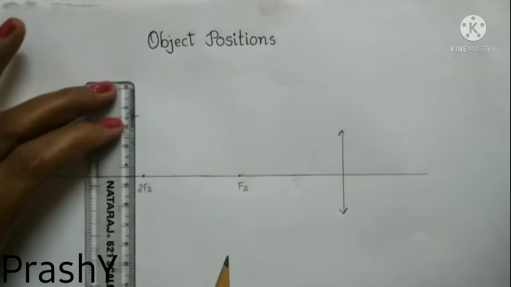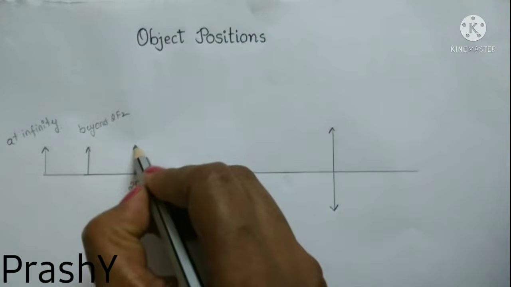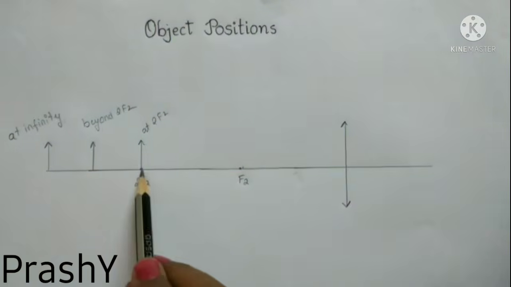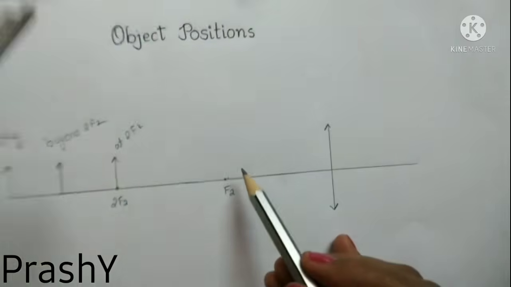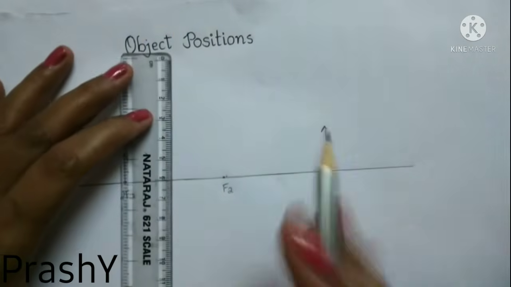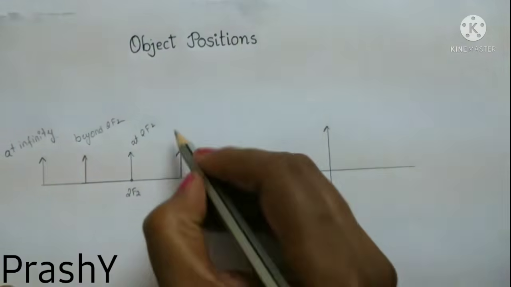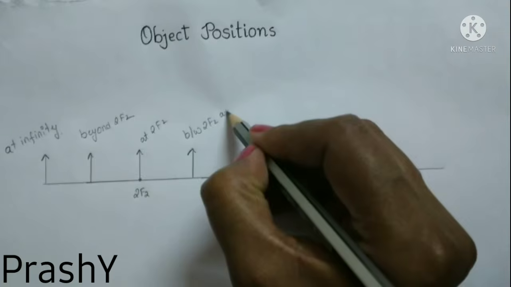Next object is at 2F2. I am placing the object at 2F2. Next position is object between 2F2 and F2. So the object is between 2F2 and F2.